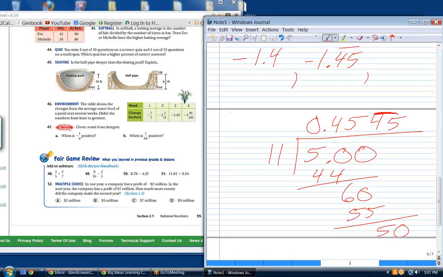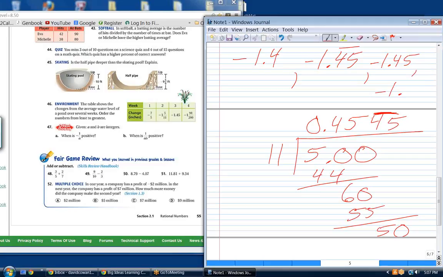Then the next number is minus 1.45 non-repeating. And the last number is minus 1 what? How do I convert 91 over 200? One moment.